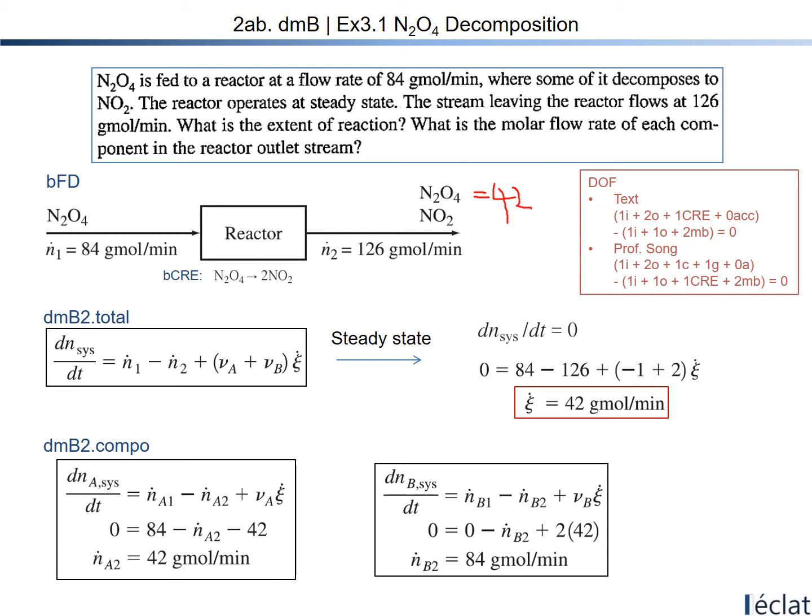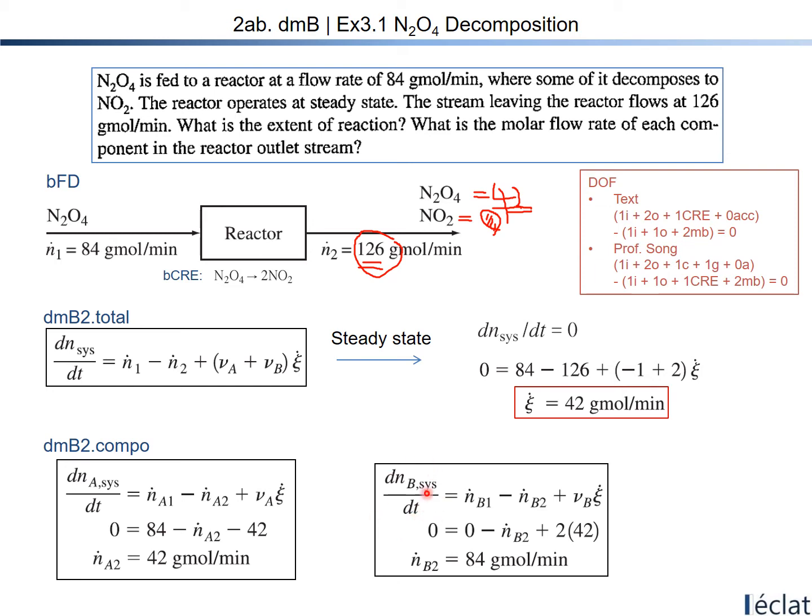And of course you could calculate NO2 because the total molar flow rate in stream 2 was 126. So 126 minus 42 gives the value for NO2. Or you could use the mole balance equation for component B, NO2.